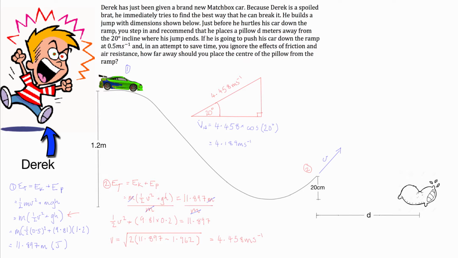And the velocity in the vertical direction is going to be equal to 4.458 times the opposite over hypotenuse, the sine of 20 degrees.